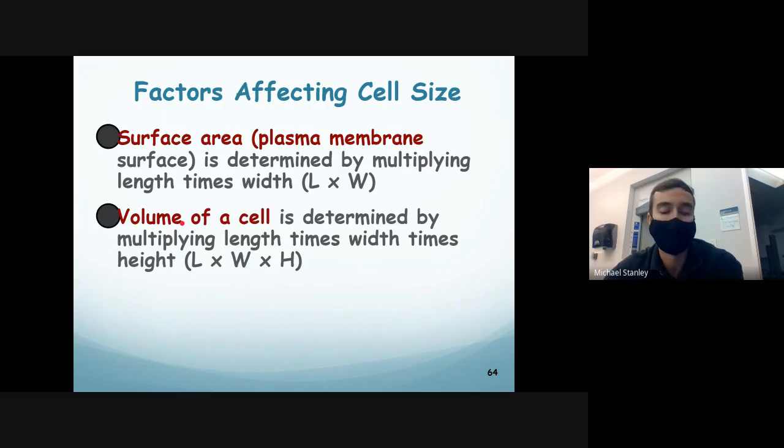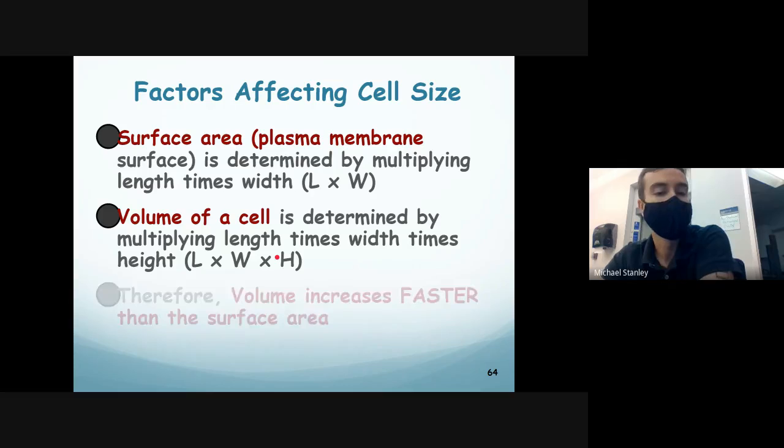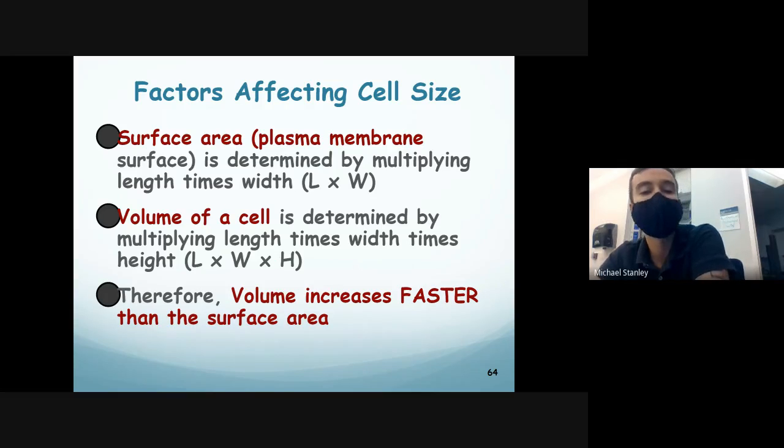The volume of the cell, though, is how much internal space the cell has. It's like measuring the inside of a cabinet or a dresser, so it's length times width times height, essentially. We're pretending these cells are boxes.